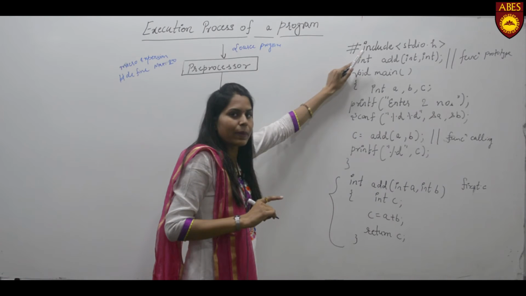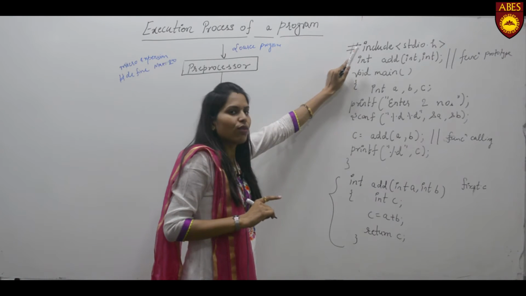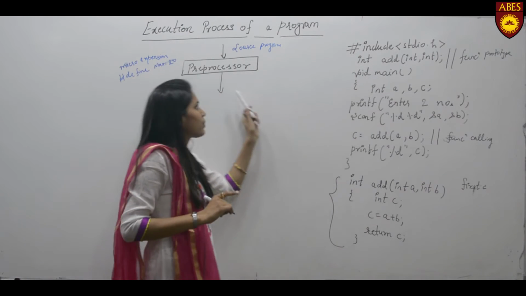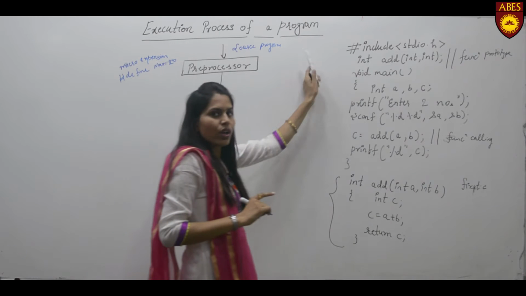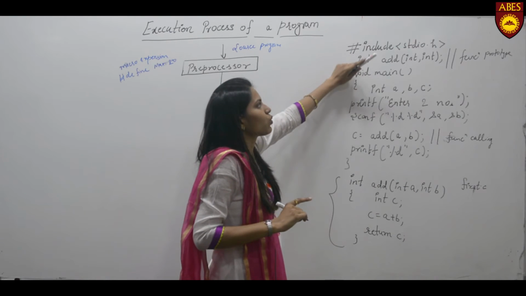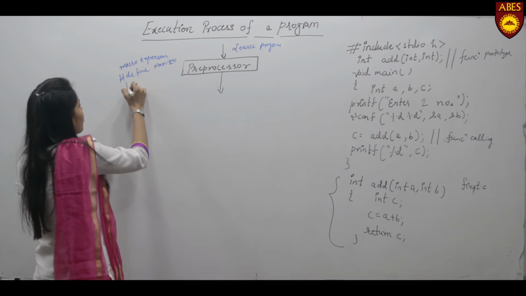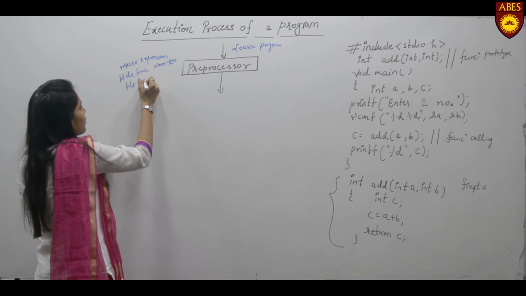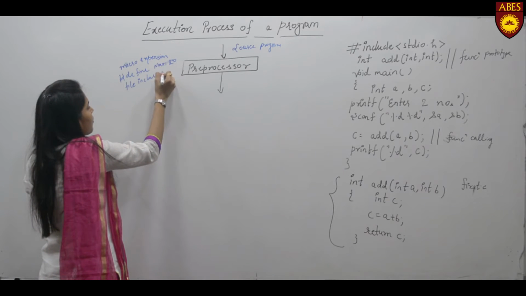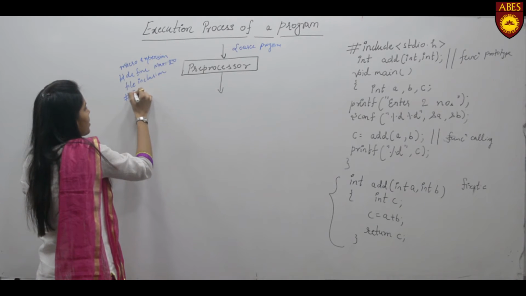The next thing is hash include. This is also a preprocessor directive. This is called file inclusion. Then what does the preprocessor do? It will include all the header files, like stdio.h. So it will also do file inclusion, like hash include.